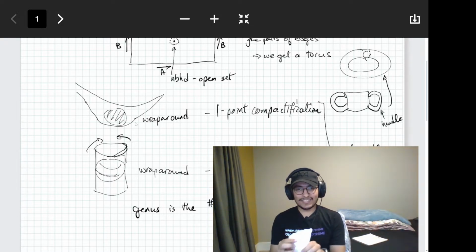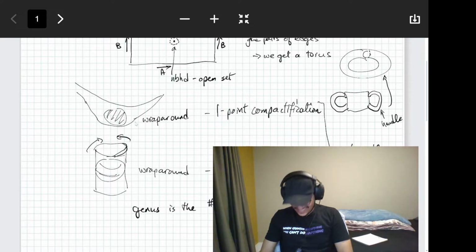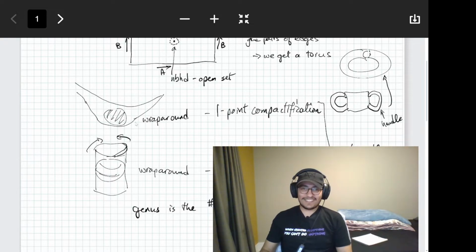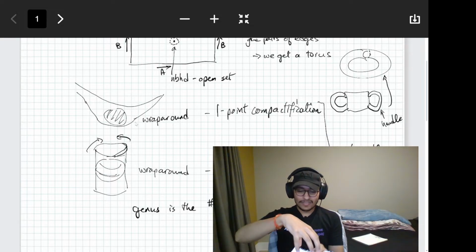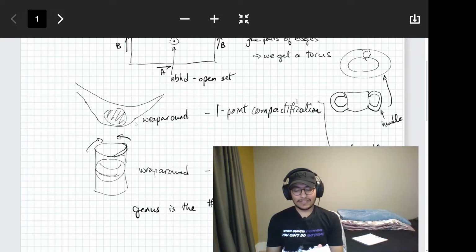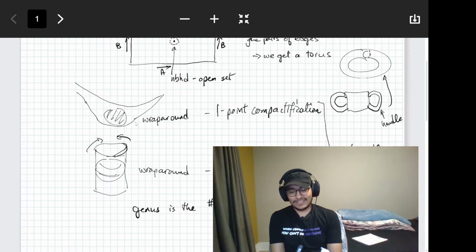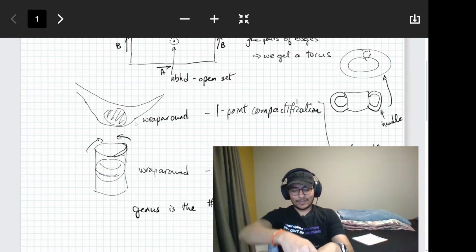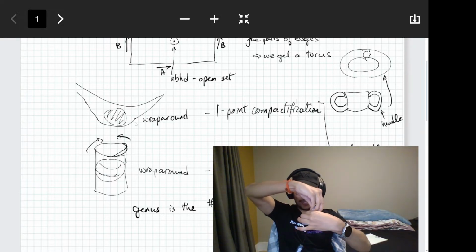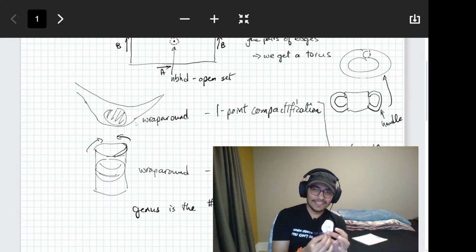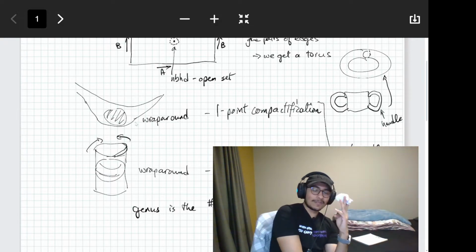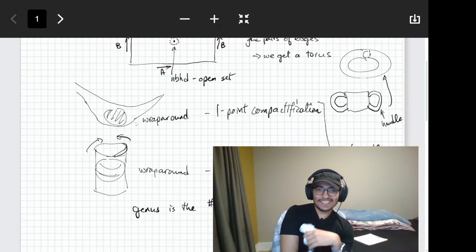You put a spherical ball in it, bring it together, and at the top you create a knot kind of thing. This knot is called 1-point compactification.